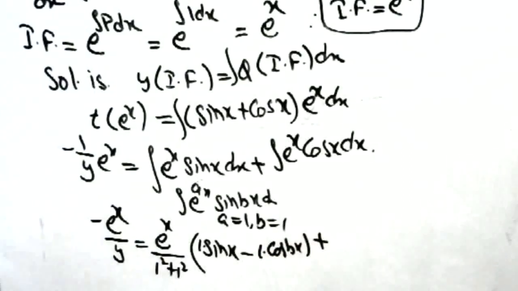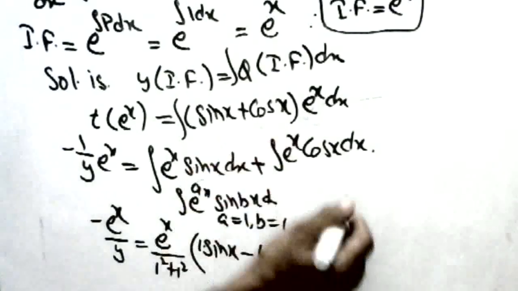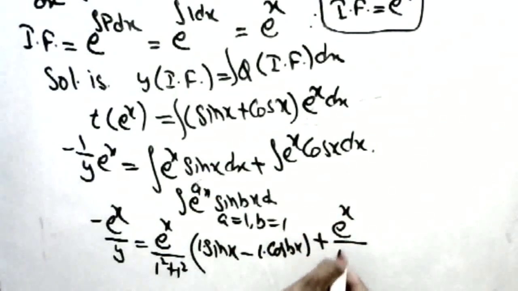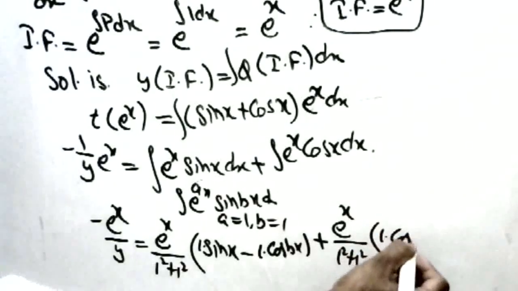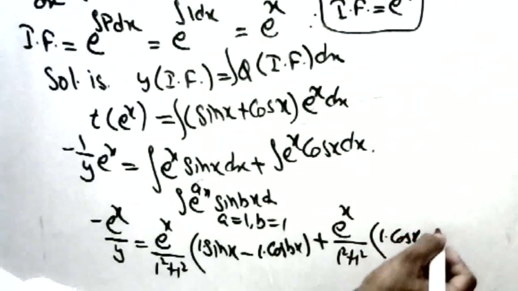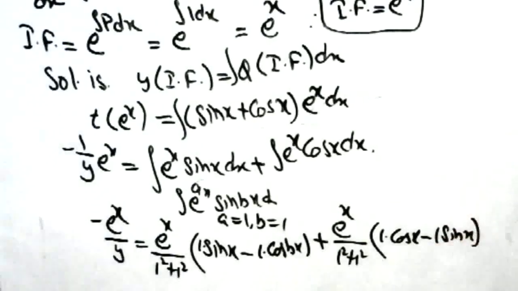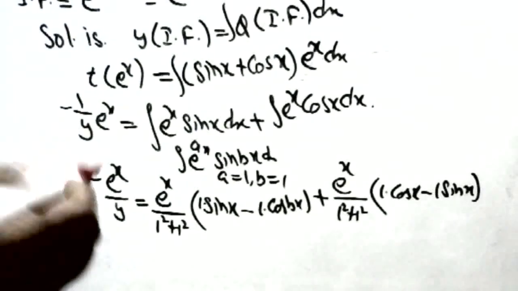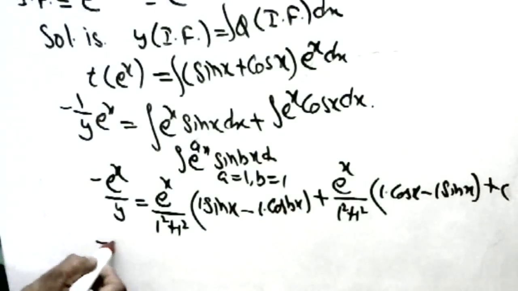Plus here also let me use the formula: e power ax by a square plus b square into a cos bx plus b sin bx, with b as 1. So the last step, let me take e power x by 2 common, plus c.